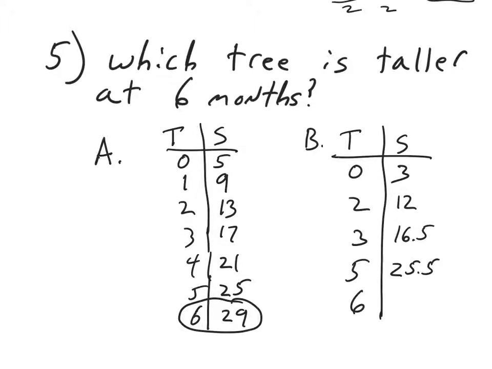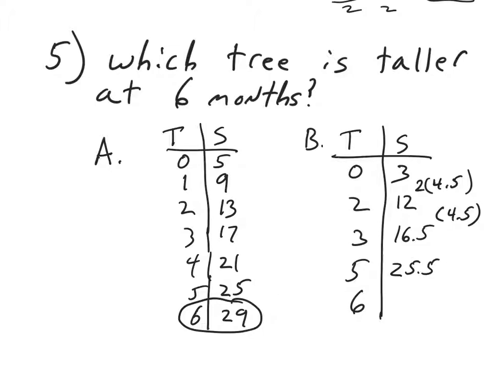Alright, so from 3 to 12, that's a change of 9. So if I divide 9 by 2, because we're going from 0 to 2 months, that would be 4.5 per month. And then from 12 to 16.5, that's another 4.5.